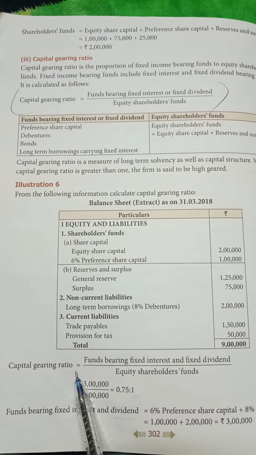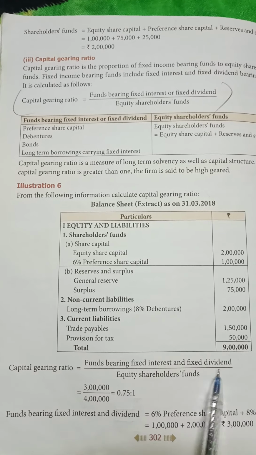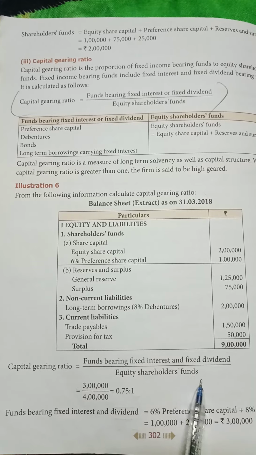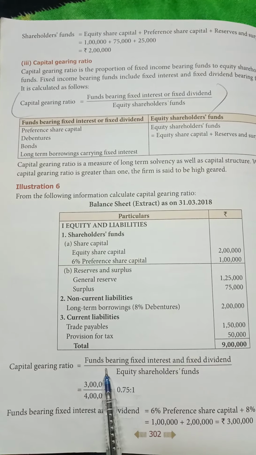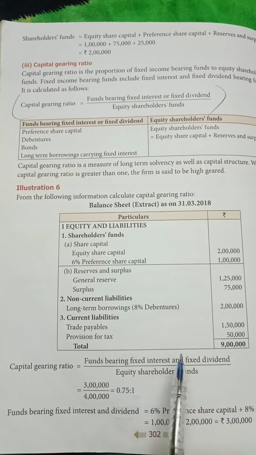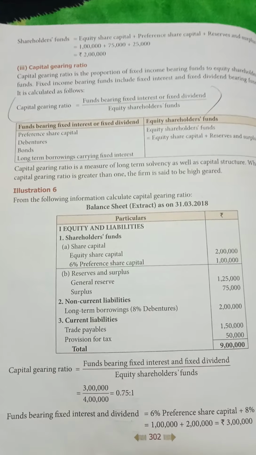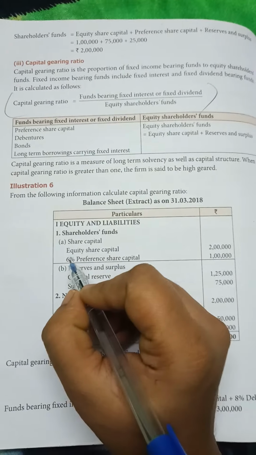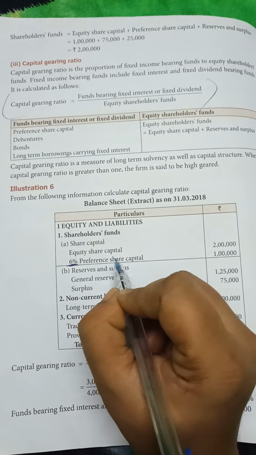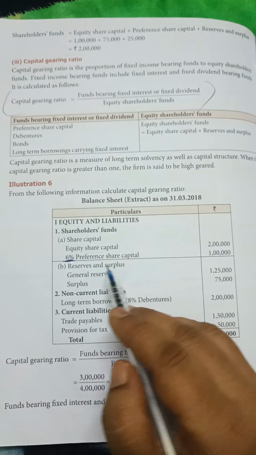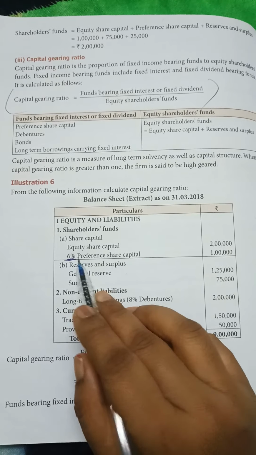Capital gearing ratio is equal to funds bearing fixed interest and fixed dividend divided by equity shareholders funds. We must know which funds carry fixed income, like fixed interest and fixed dividend. To identify this easily, always check whether you have any fixed percentage. You have 6% preference share capital, which means it will have a fixed rate of dividend.